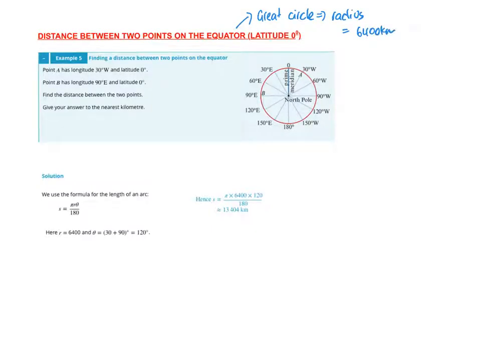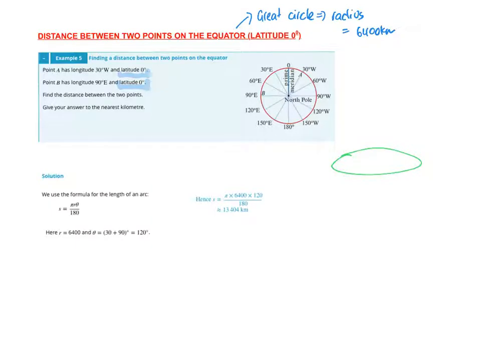If I had two countries, point A is 30 degrees west on the latitude 0. So can you see again, I told you, something's going to be the same. They're both on the same latitude, which is the equator.